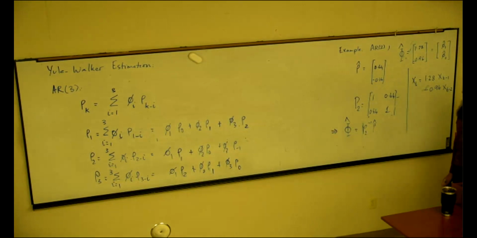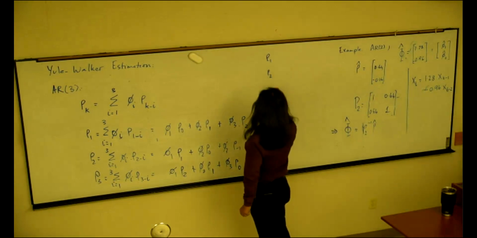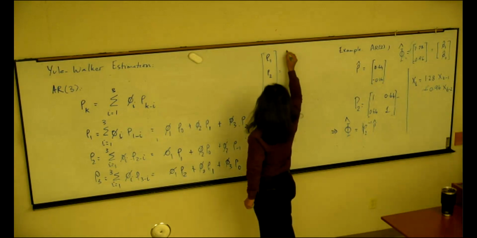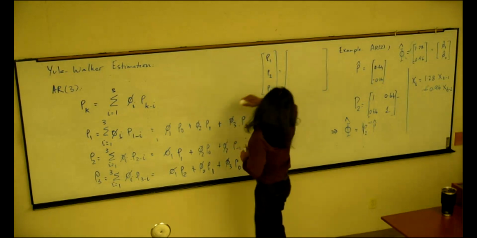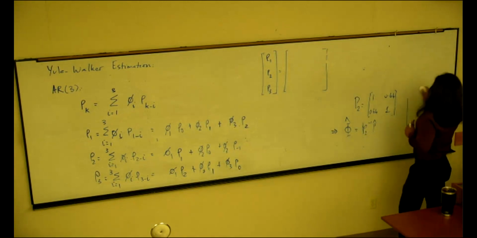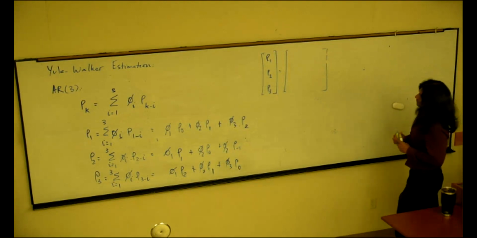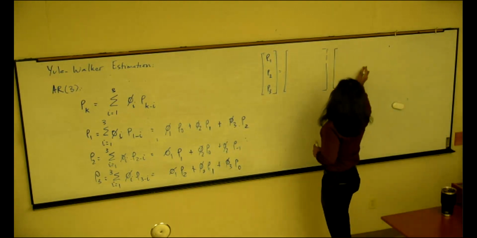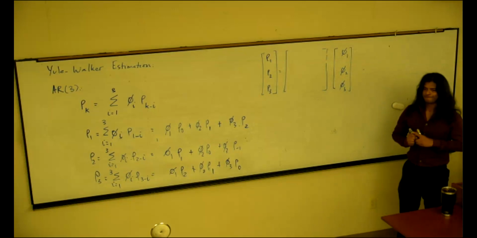On the left hand side, I have row 1, row 2, row 3. The coefficient vector, phi1, phi2, phi3. Ready?